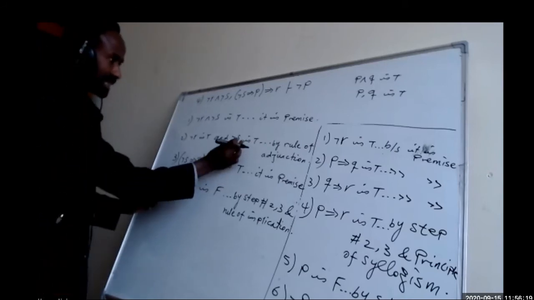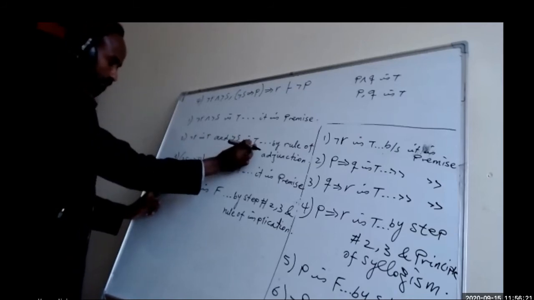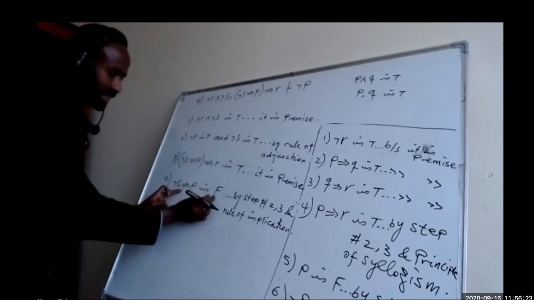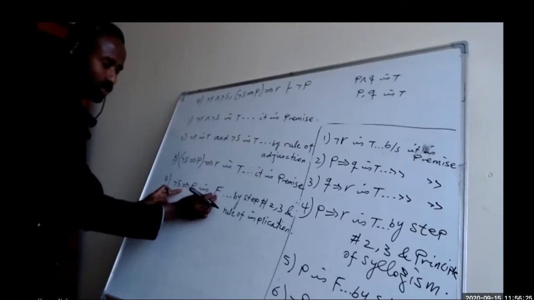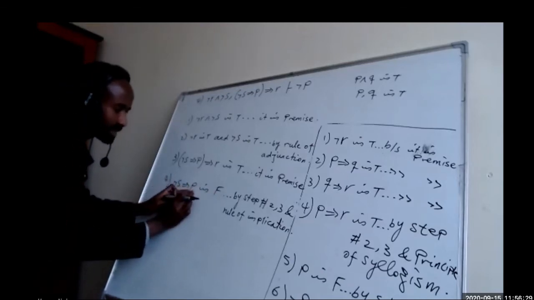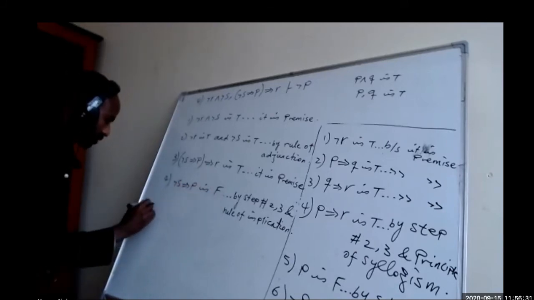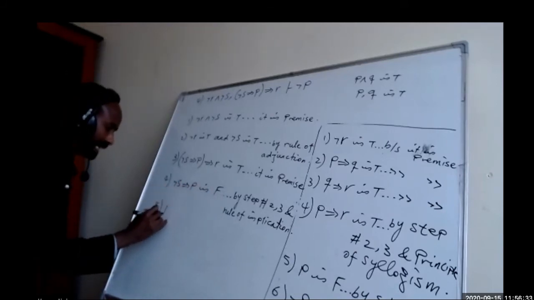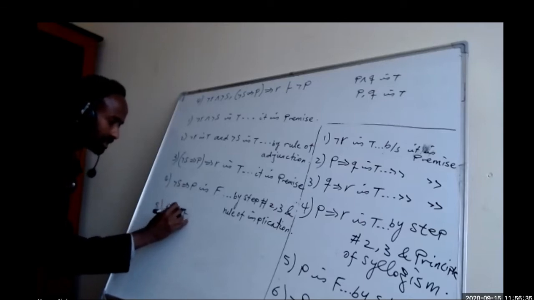Because negation of S from step number 2 is true, and this implication has truth value false, so true implies false gives us false. So step number 5, P is false.